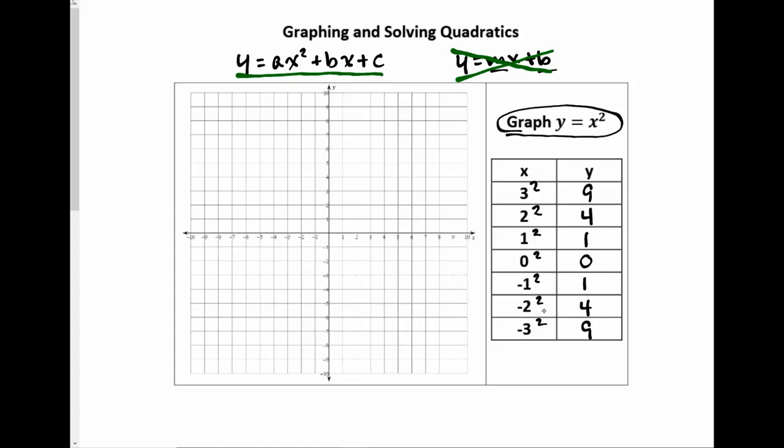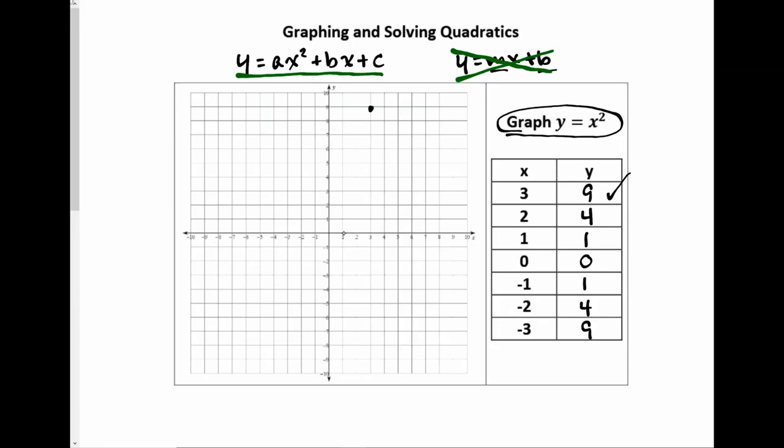Okay, so let's graph these numbers onto this coordinate plane. So if my x is 3 and my y is 9, I'm going to go over 3 and up 9 and put a dot right there. That takes care of the first point. Then 2, 4.